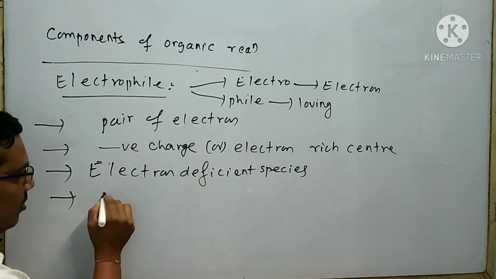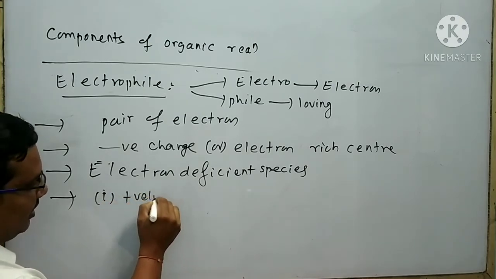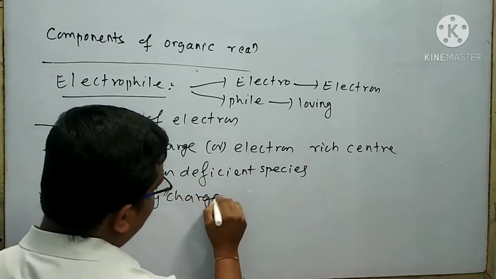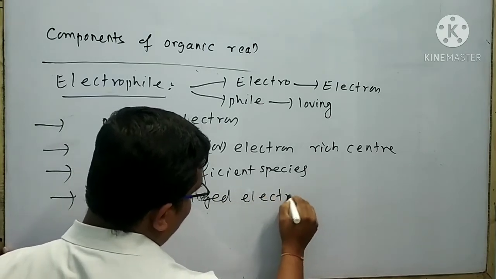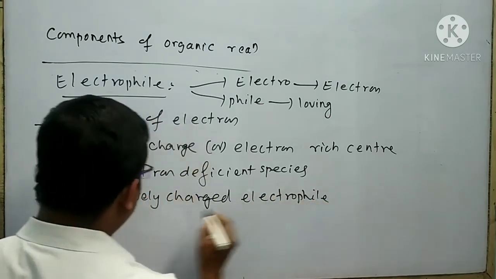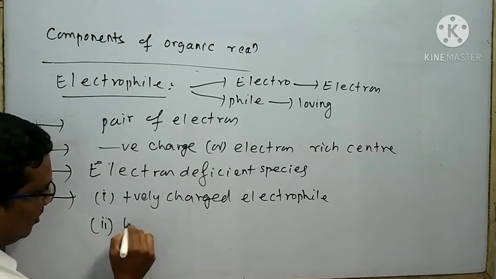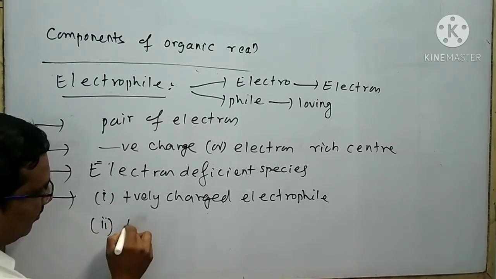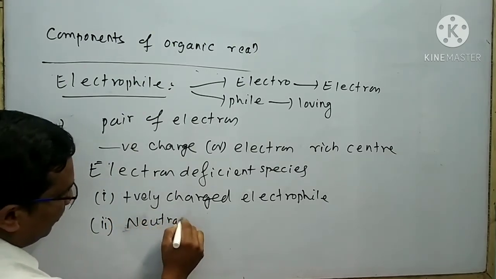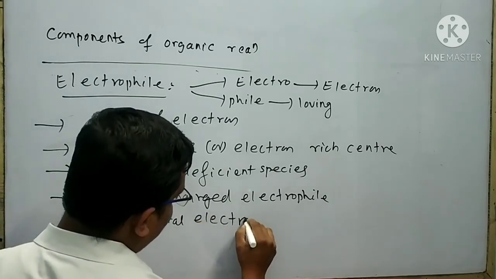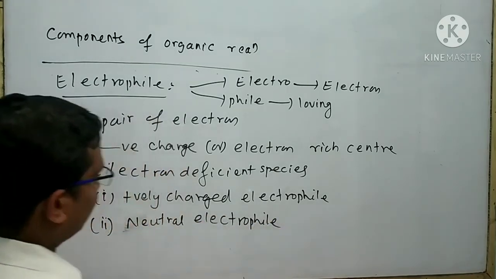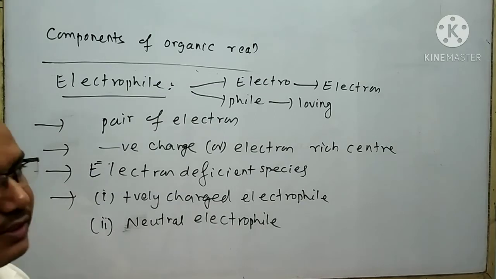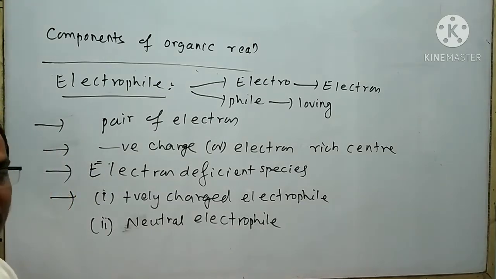Generally, there are two types of electrophile. One is the positively charged electrophile. Second is the neutral electrophile. All the positively charged species are generally included as examples of positively charged electrophile.